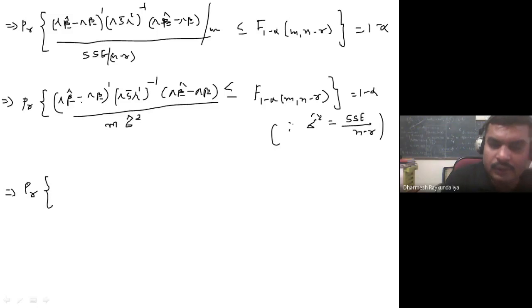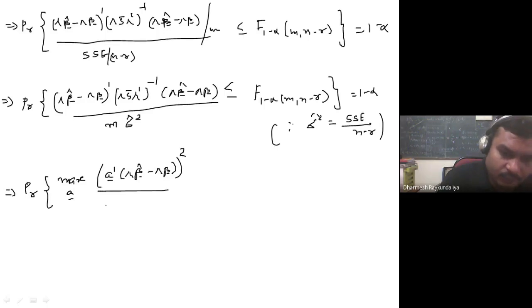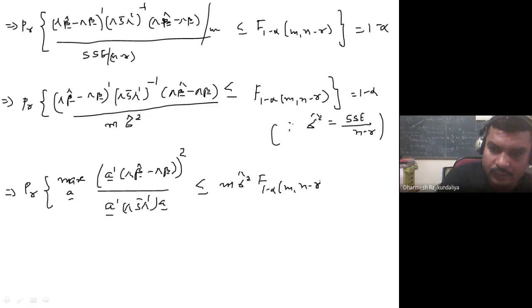But what is this quadratic form? This quadratic form is either a difference of conditional SSE minus unconditional SSE, or you can write it as a maximum over A of A dash lambda beta cap minus lambda beta, whole square, upon A dash lambda S bar lambda dash A. And this is less than or equal to M sigma cap square F 1 minus alpha, M, N minus R, equal to 1 minus alpha.